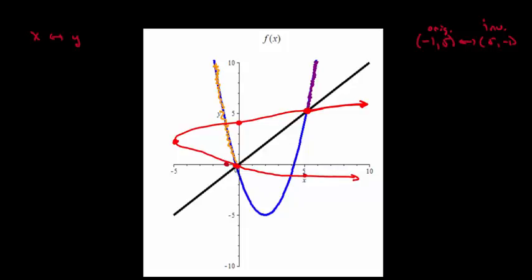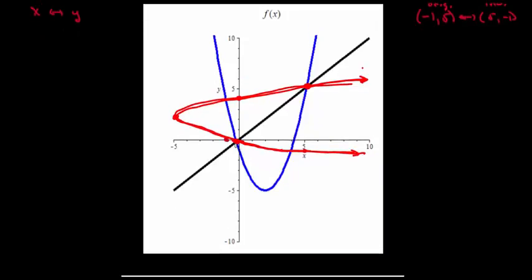Part of this also depends on the scaling, how you stretch the graph both vertically and horizontally. But this red line that I've got graphed in there is roughly the look of the inverse, and you can smooth it out a little bit to make it look nicer if you want to, but it gives you a general idea of what the reflection of that graph should look like. So this red one is not the inverse of G, it's the inverse of F.